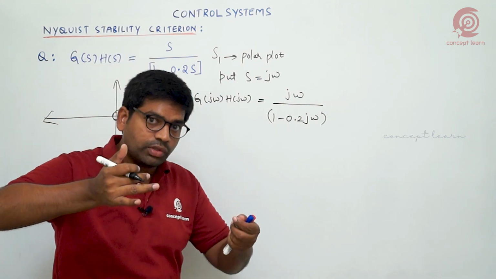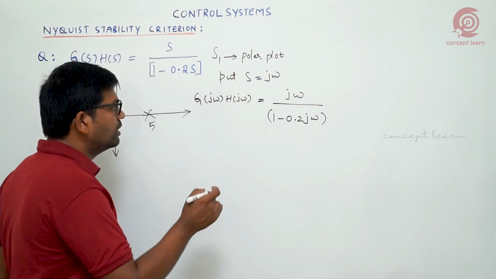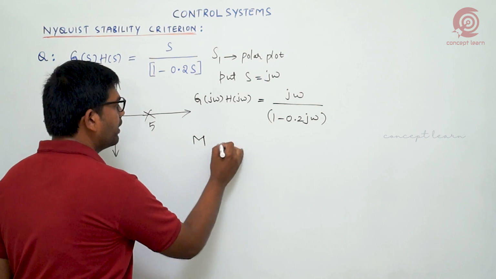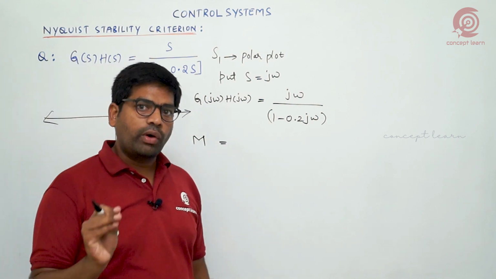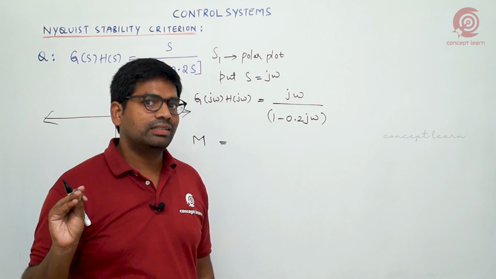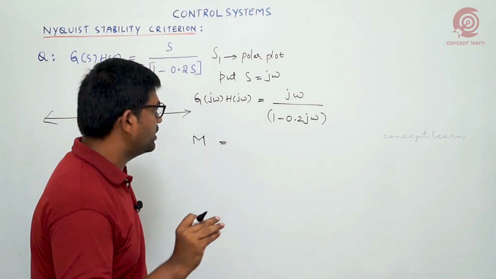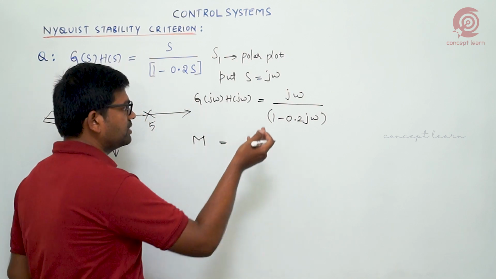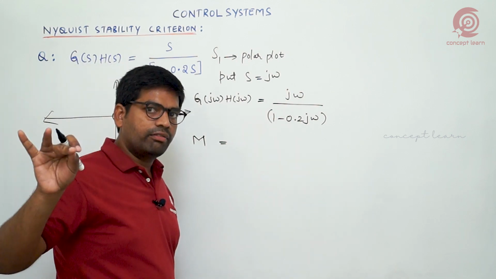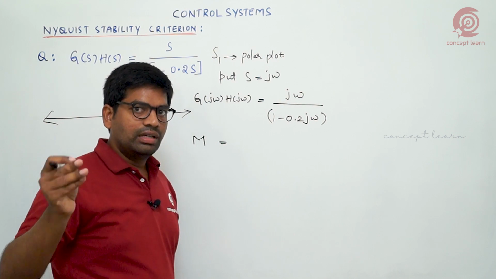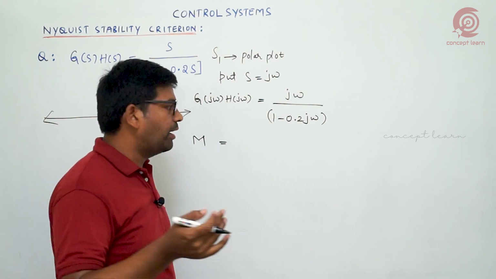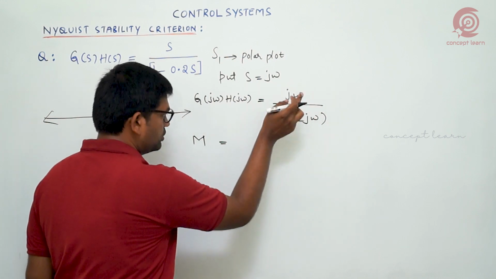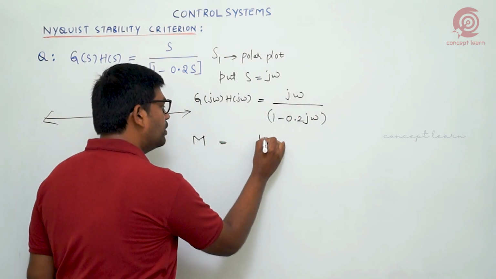So we should observe the absolute values, and for that I am finding the magnitude. What is the magnitude here? Magnitude means square root of real part square plus imaginary part square. In the numerator only the imaginary part is present, so the real part is 0 and the imaginary part is only omega. The square root of omega square cancels, so only omega comes.